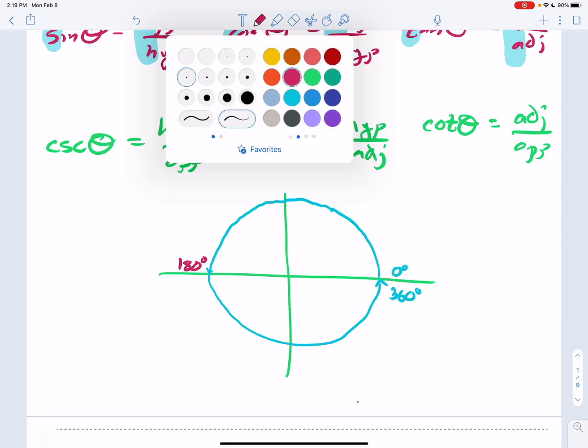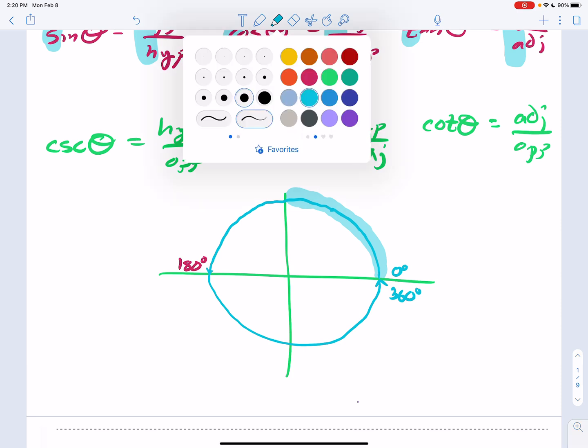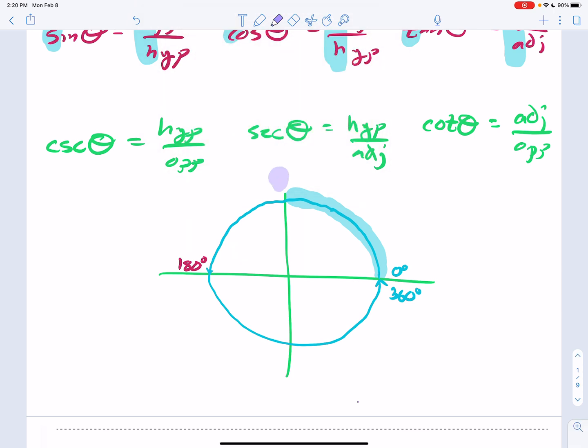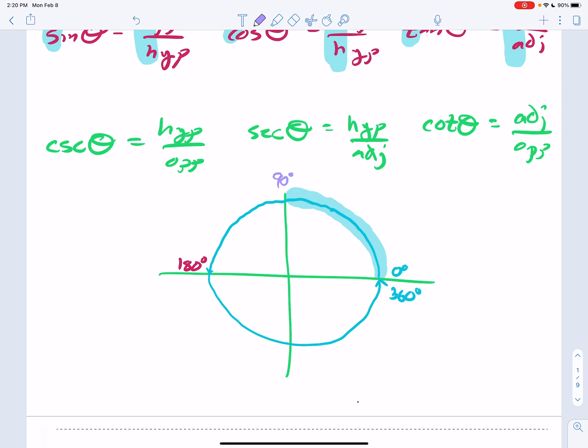Now, what if you only travel half of that? Right up here, it would be 90 degrees. Okay, here's another one.